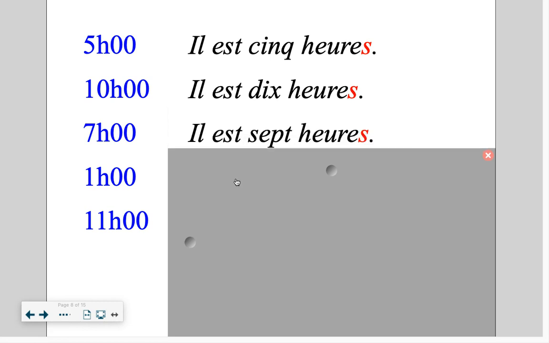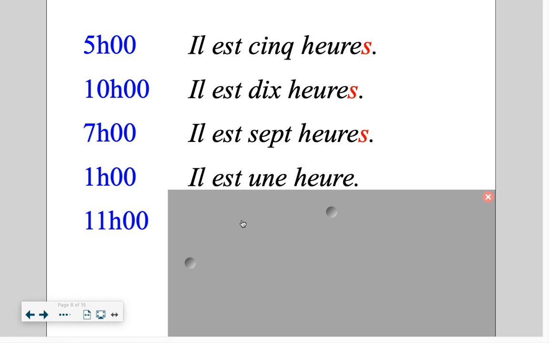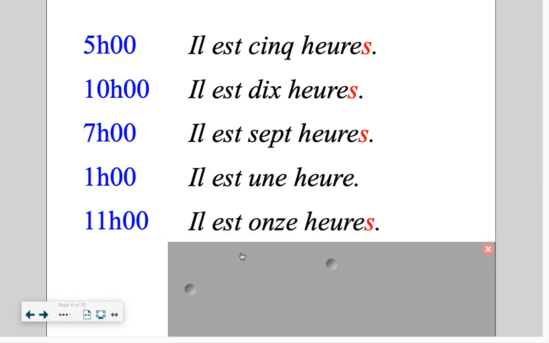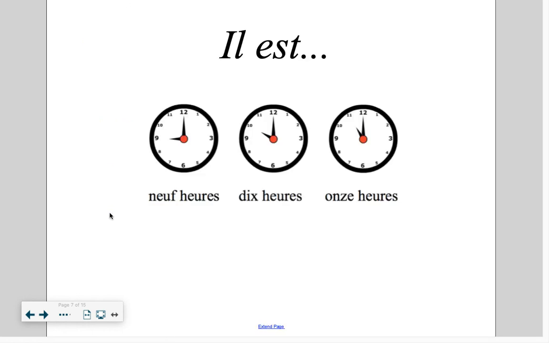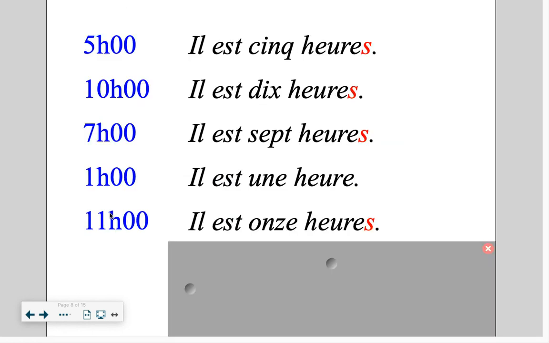Il est 7 heures. And notice the S's because it's not 1 o'clock. It's up here. Il est 1 heure. No S. And il est 11 heures. Good. So that's how it looks in numerical form. This is how it looks in clocks. Same thing. And this is how we would write it down.